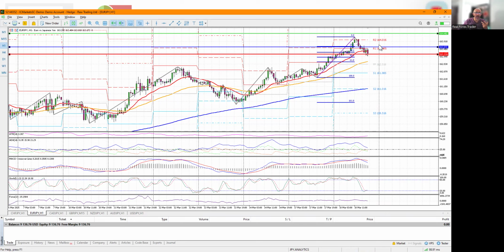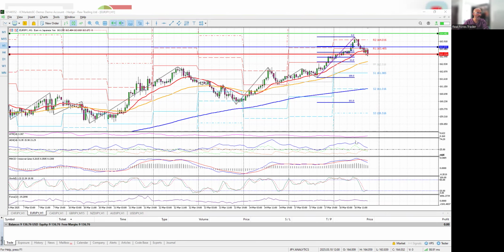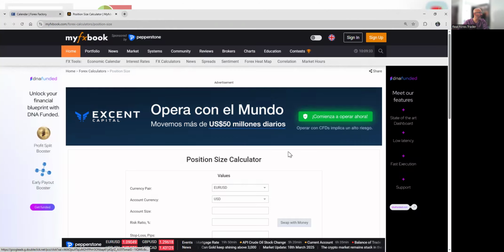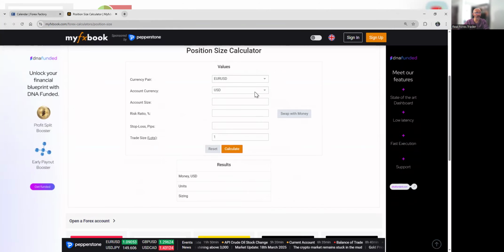So how to trade it? Now I check my website, the one that I have suggested several times, which is this one here, the position size calculator.